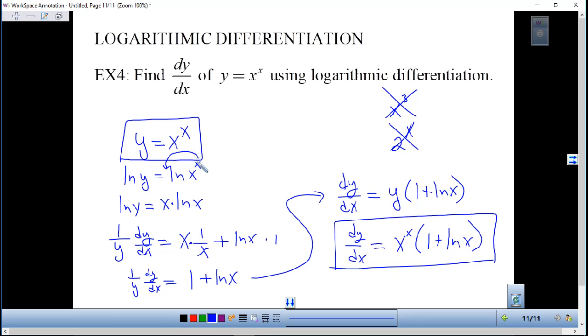Those are all going to be situations that you would use logarithmic differentiation for. So if you have a degree and the base that are both variables, that's where you use logarithmic differentiation, simply because you can use this rule right here to move that power out in front and then use the product rule.